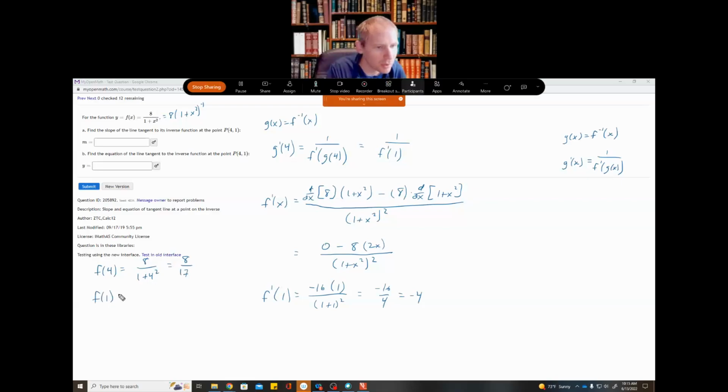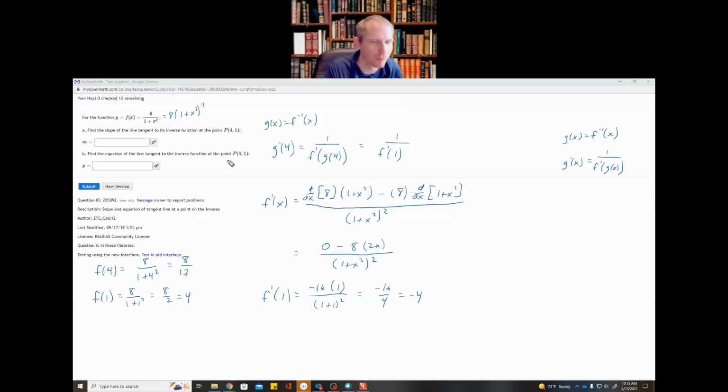If I plug 1 into the function, I get 4. So what that lets me know is that this point is a point on the inverse, which I think is what we plugged in. Oh, I'm sorry. Everything is fine. I did not make that mistake. Okay, sorry. Anyway, this is a possible point of confusion because you want to be careful of where this point is. And this is a point on the inverse.